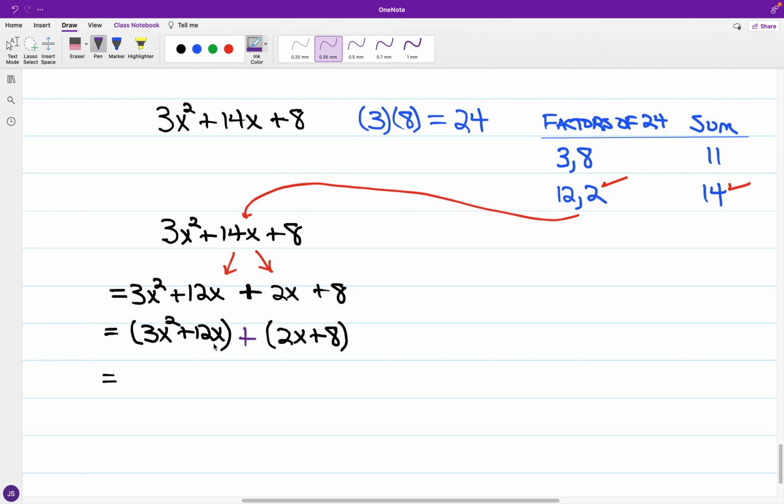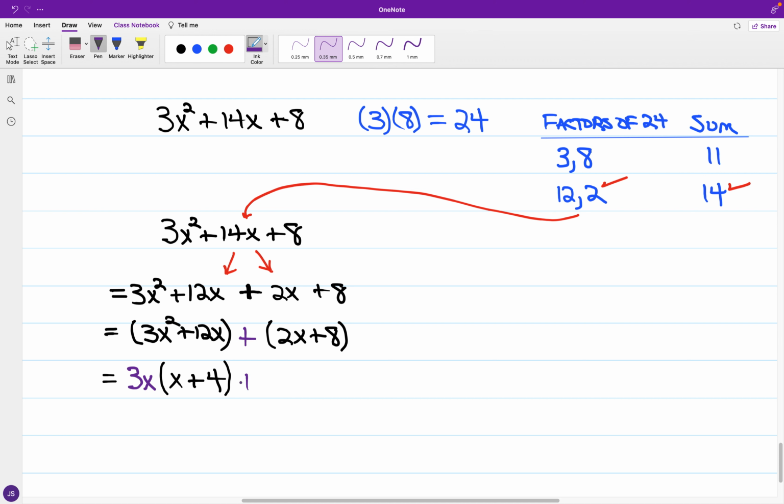For 3x squared plus 12x, 3 is the number that will go into itself and 12, and we have the letter x present in both terms. So the highest term that will go into both 3x squared and 12x is 3x itself. 3x into 3x squared yields x, and 3x into 12x is 4.